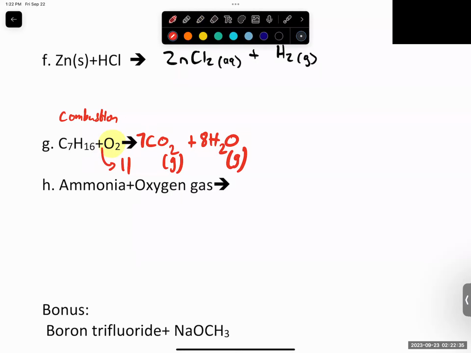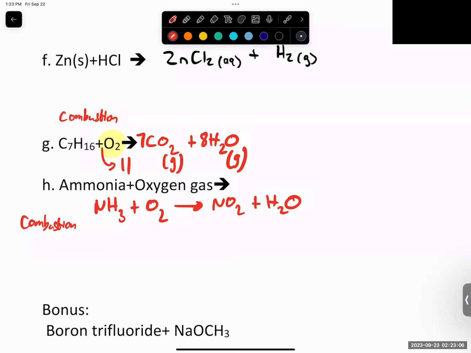All right, so next we have NH3, ammonia, plus oxygen gas. What are my products here? NO2, H2O. What type of reaction is this? It is indeed a combustion reaction.